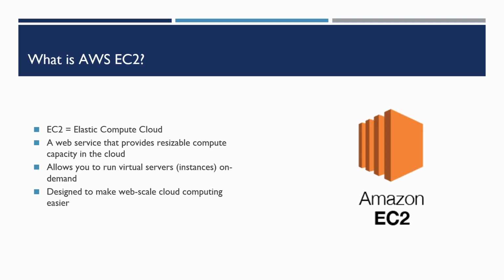That means it can increase the number of instances or it can even decrease the number of instances based on the resources it is using. We will not be covering load balancers and auto scaling in this video. This is just a basic introduction of how you can use EC2 to deploy a website on the cloud.